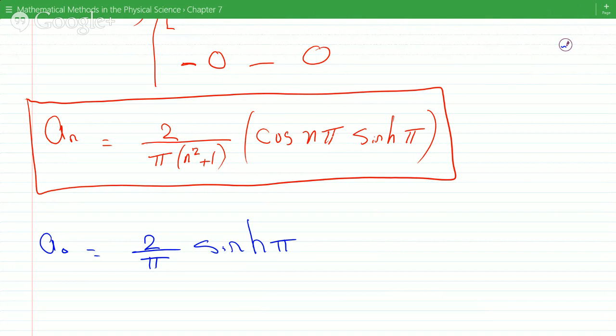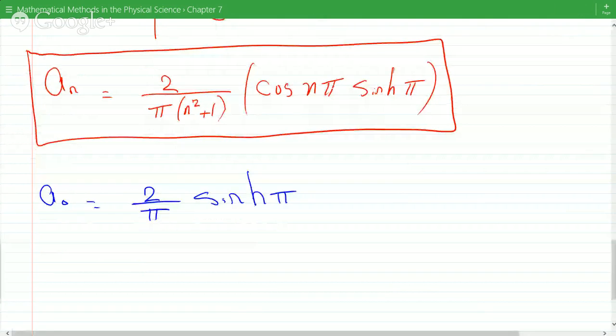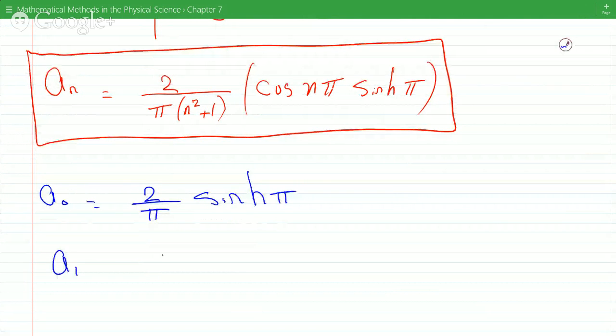And what's our a1? It is 2 over 2, so that becomes 1 over pi. If n is 1, you get times minus sine hyperbolic pi.